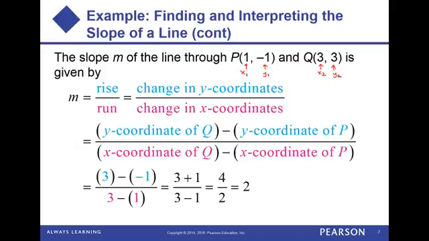Really what it's saying is the x coordinate and y coordinate of the second point, and you're going to plug them in. I think you know this fairly well. So 3 subtract a -1, you're going to add 1 to make a 4. 3 subtract 1 is a 2, and then you divide to get yourself a value.